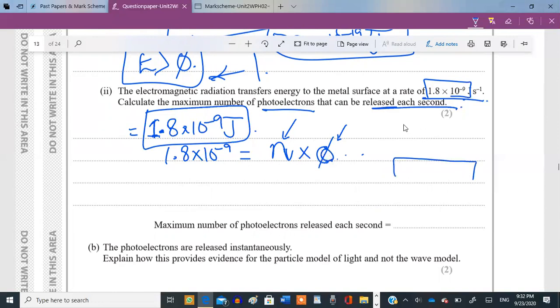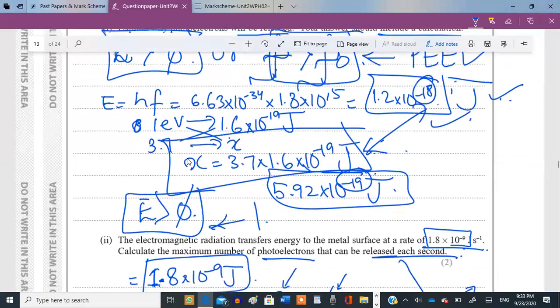The maximum number of electrons that it will emit would be when the energy it provides is just enough for the electrons. It should be equal to the work function energy. So if you divide this energy by the work function energy, which you calculated in the previous part, 5.92 raised to the power minus 19, what's the answer coming to?